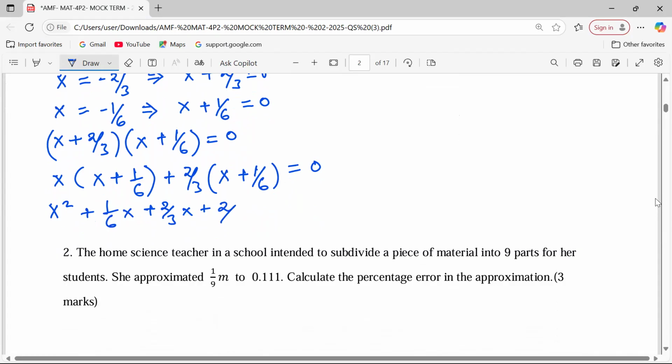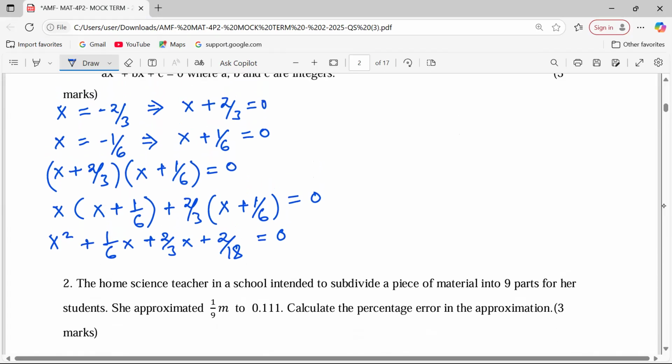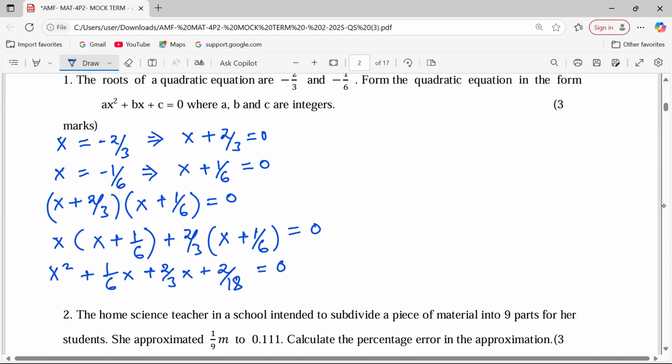Yeah, 2 out of 18. We can simplify at a different stage because I know that one can be simplified to 1/9. After that simplification, we can group terms and simplify where possible.